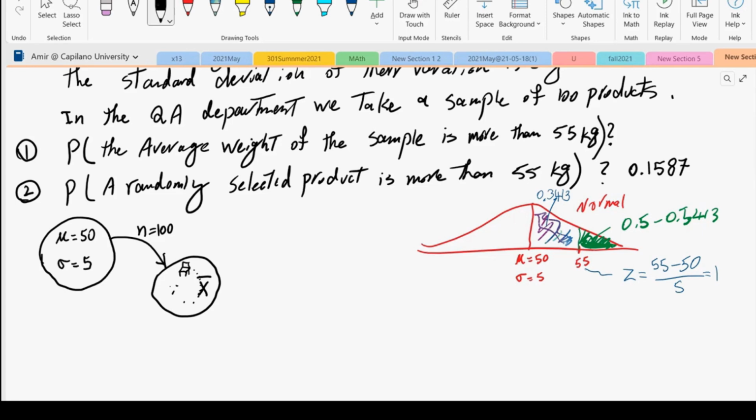Their average doesn't move very much. So our feeling says that the answer to the first question would be much smaller than 15%. The average of these 100 chairs is not going to be very much bigger than 50.